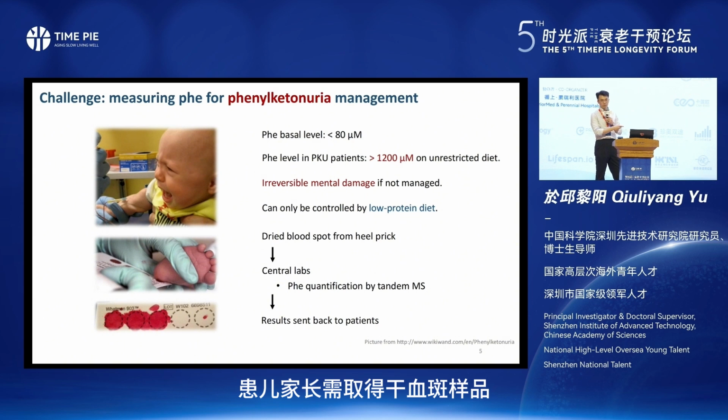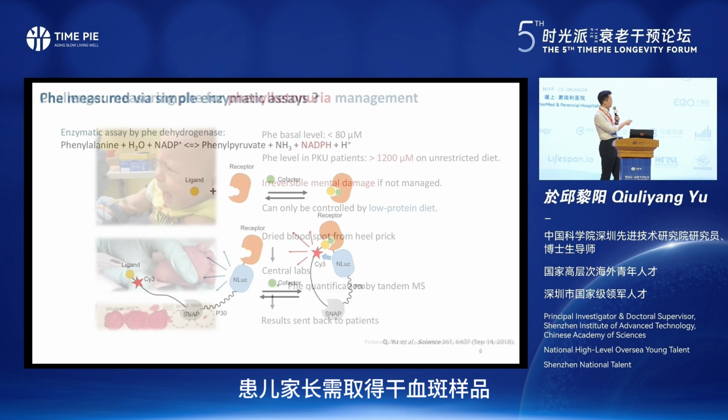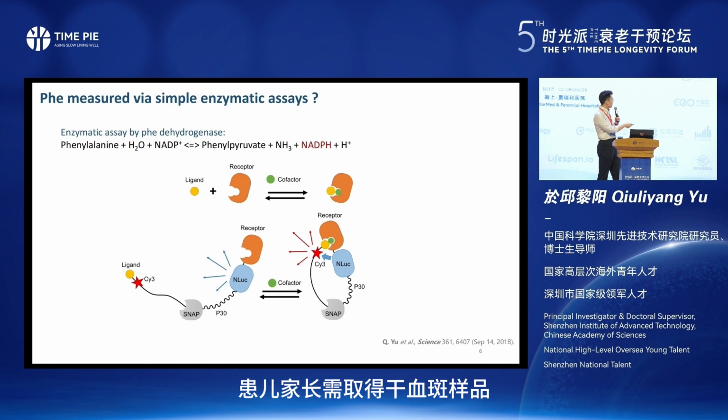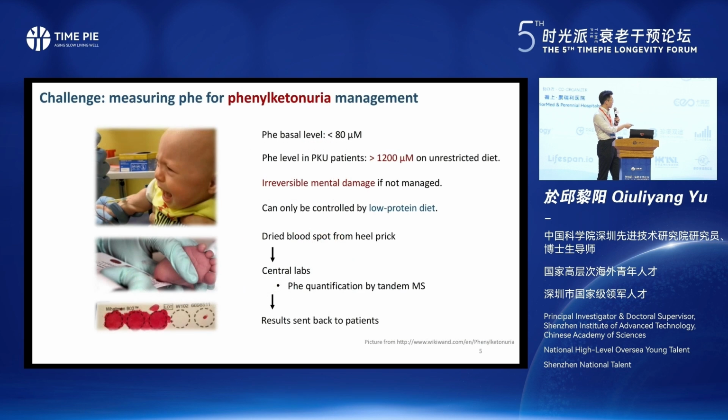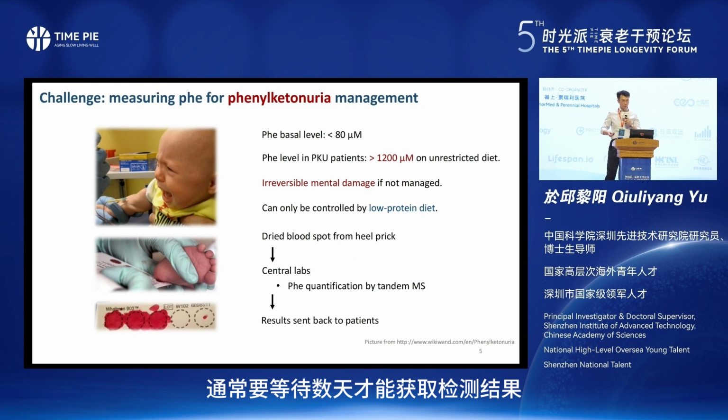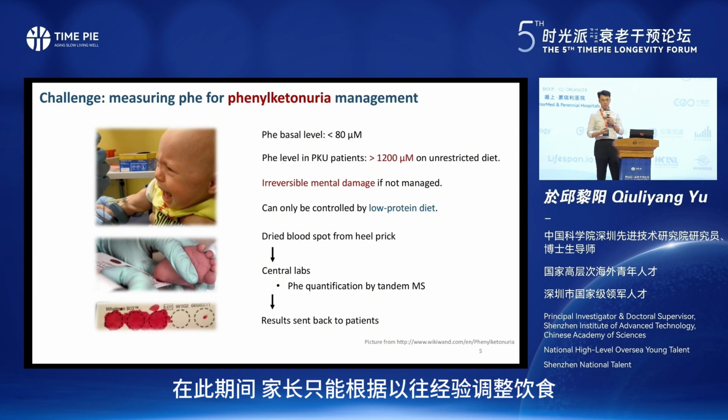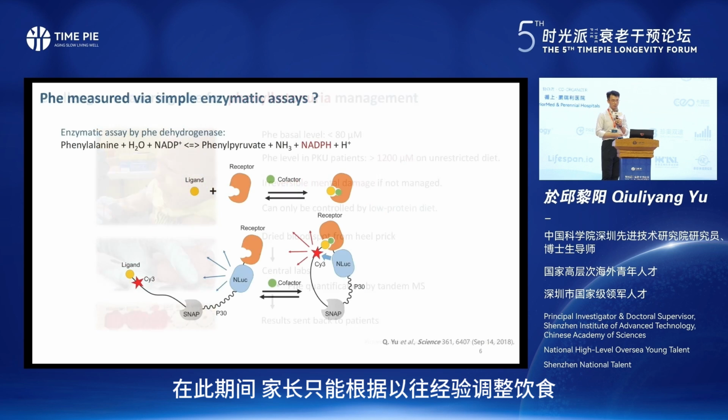And the parents of these babies have to test their phenylalanine levels using dried blood spots, and this usually takes a few days for the parents to receive the results. And during this time, the baby or the family has to adapt the diets based on their experience.